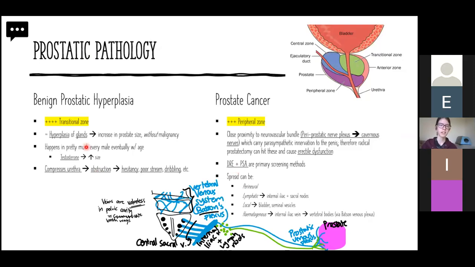And it's somewhat normal in that it happens pretty much with every male eventually with age, just because testosterone increases the size, and if you've got a lifetime of testosterone, you'll get an increasing size of prostate.